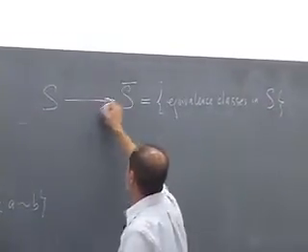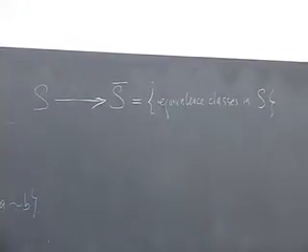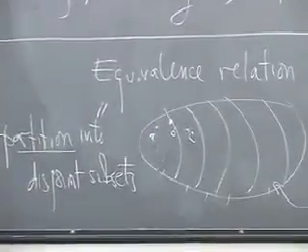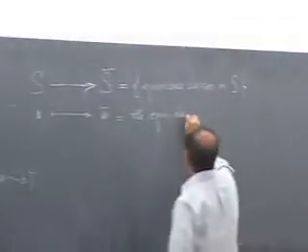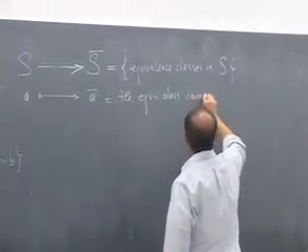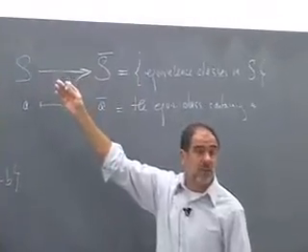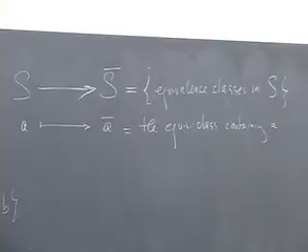There's a map from S to S bar of sets that takes an element A in S into the equivalence class containing A. So this might be written like this: A goes to A bar, the equivalence class containing A. So this map is not an injection of sets, but it's surjective. Everything in S bar comes from S because every equivalence class contains something.